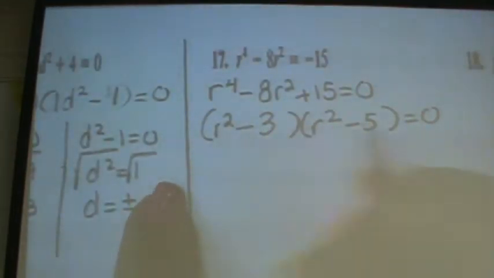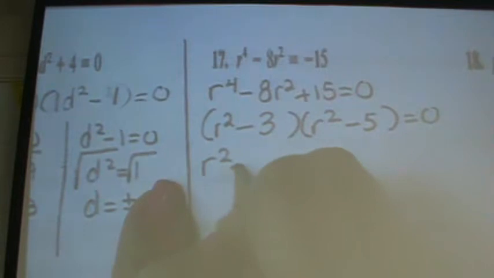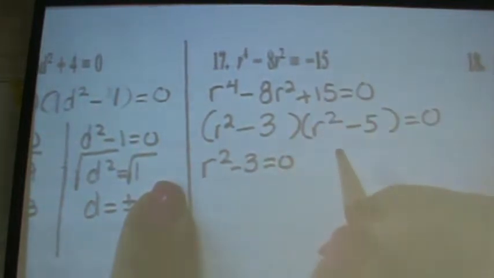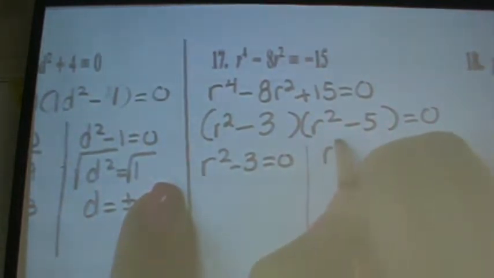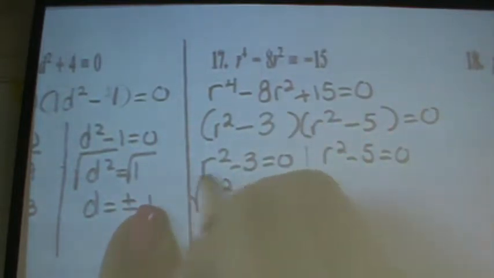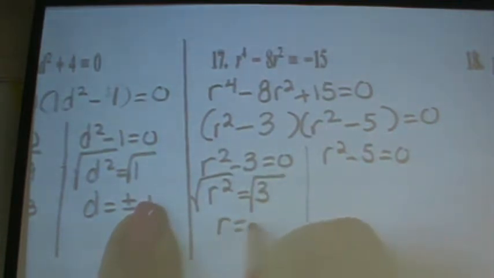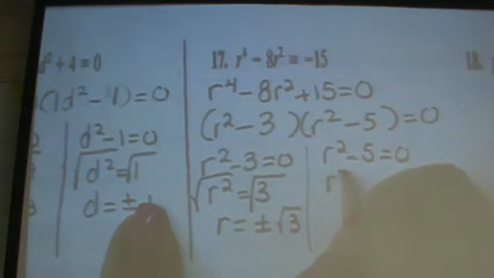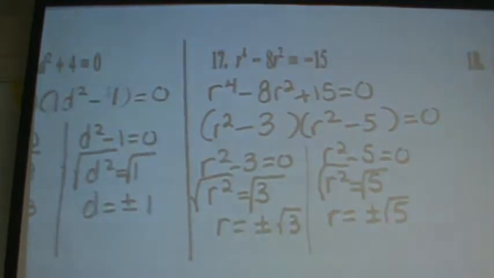So we're going to set each of these equal to 0. Add 3. Square root both sides. Add 5. Root both sides. And you're done.